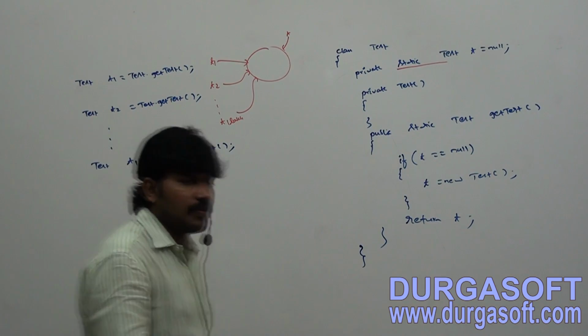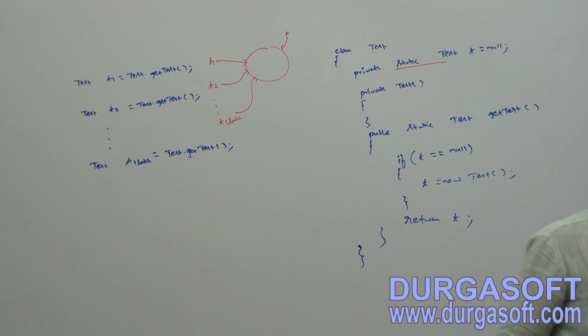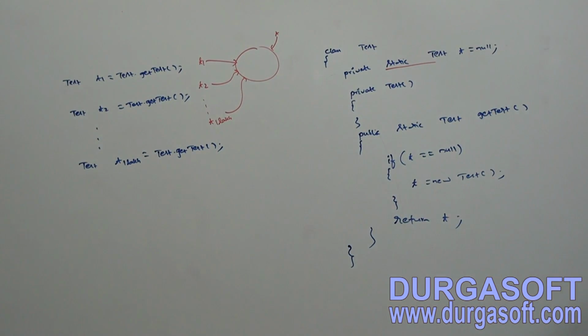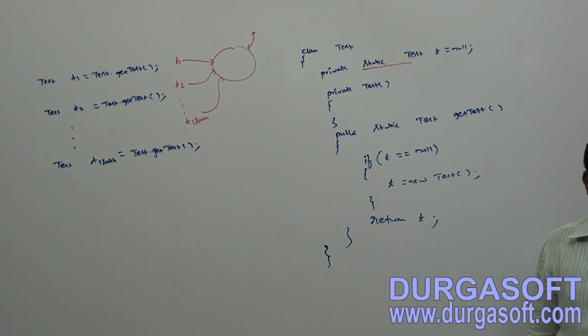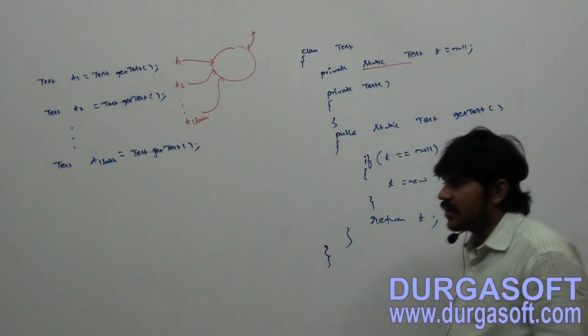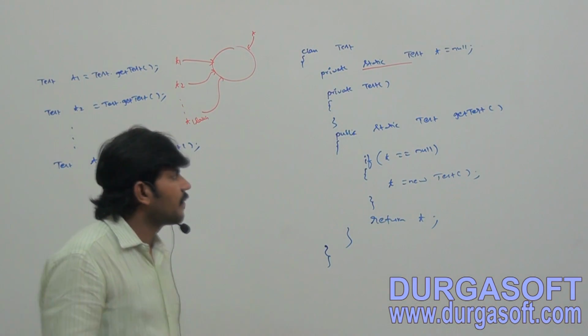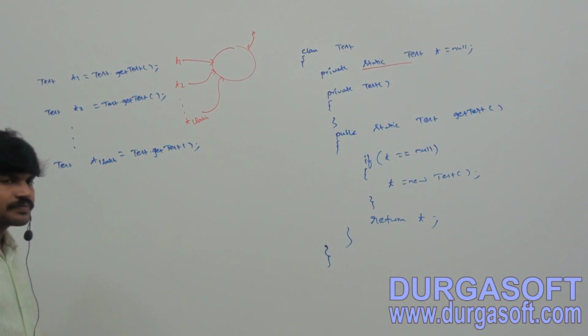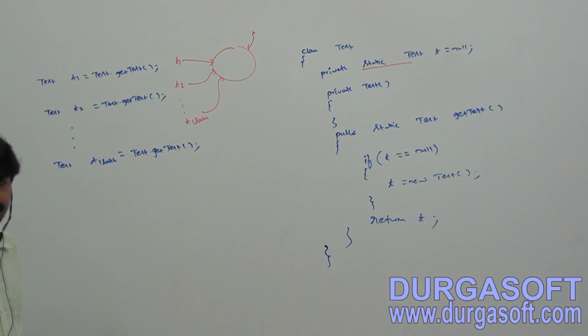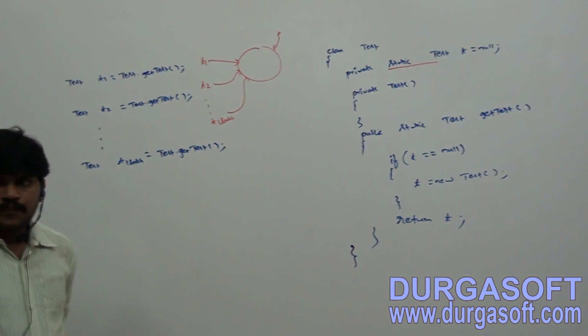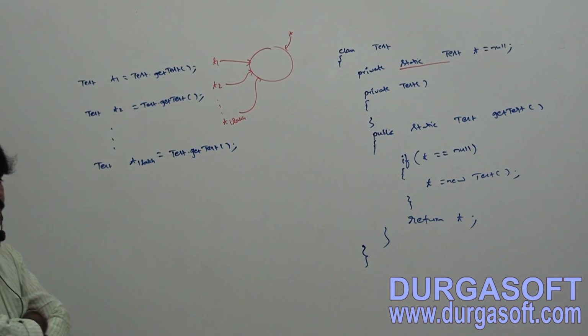Both are valid, no problem at all. It is a small minor difference: in one approach, the required object is created at the beginning, but in the second approach, the required object is created only when needed. Completed, I hope. Take clearly.